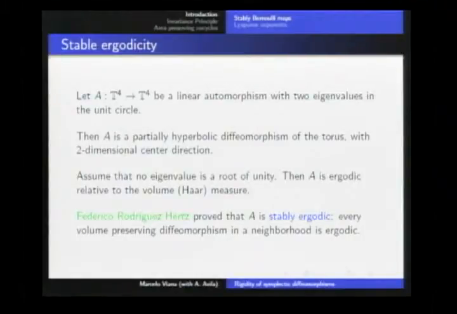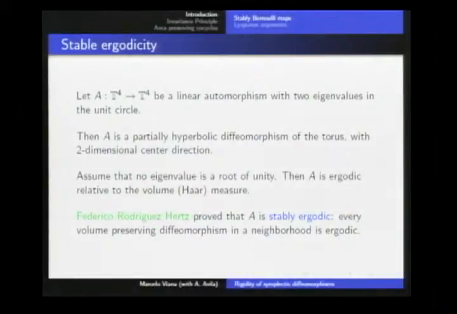I'm going to assume, for somewhat technical reasons, that none of these eigenvalues is a root of unity. That has the advantage that it corresponds to saying that this linear automorphism is ergodic with respect to the Haar measure on the torus.